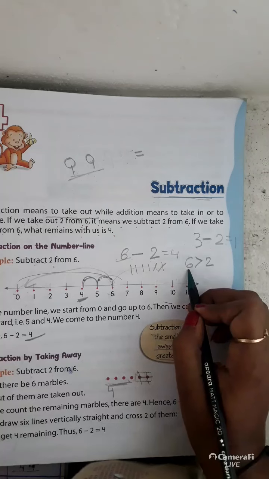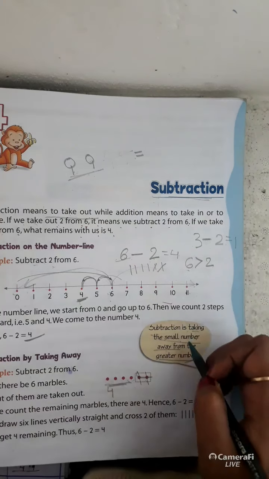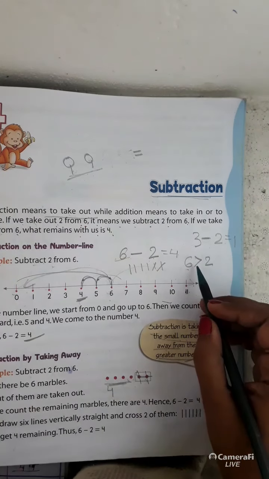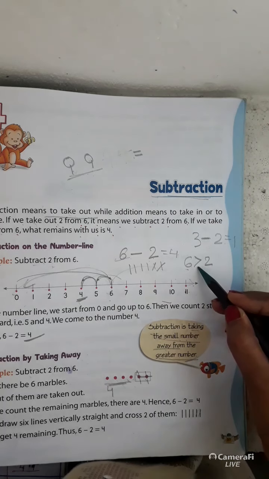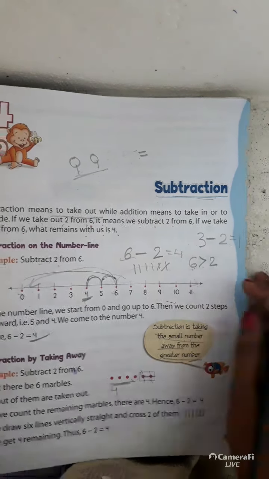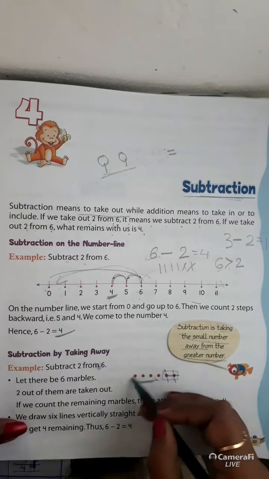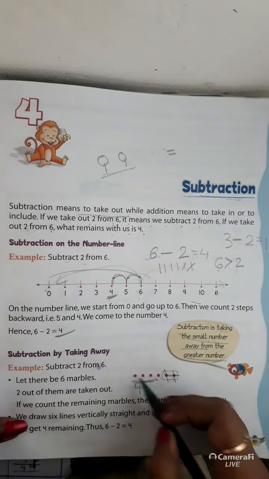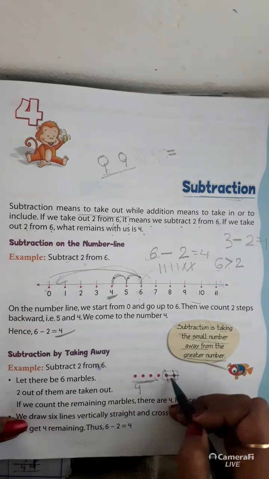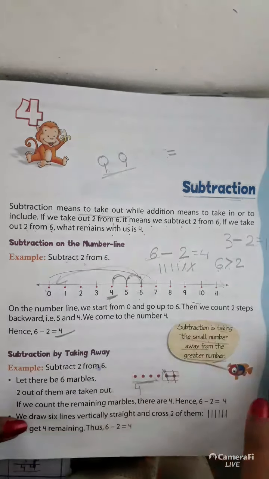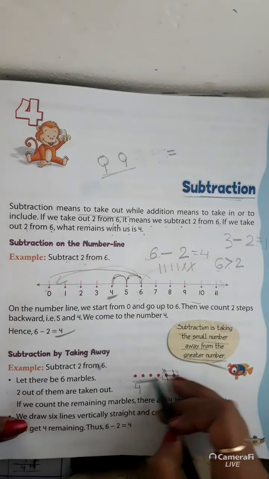So in subtraction, we always take the small number from the greater number. Subtracting 2 from 6: here with the marbles also, they have shown us that 6 marbles were there and somebody has taken 2. So how many are left? 4. I hope you have understood.